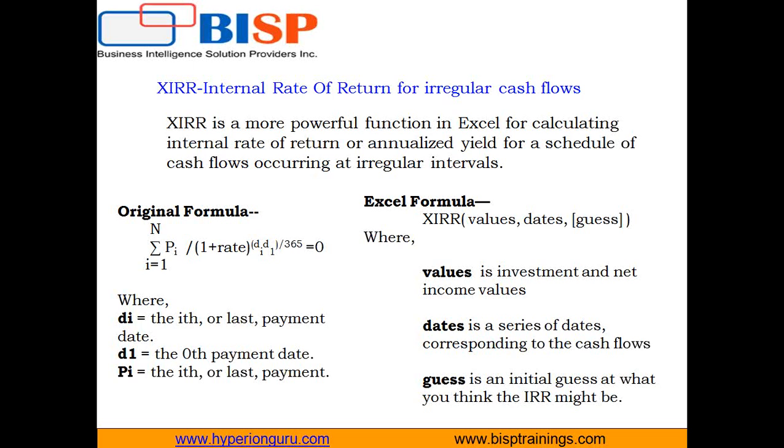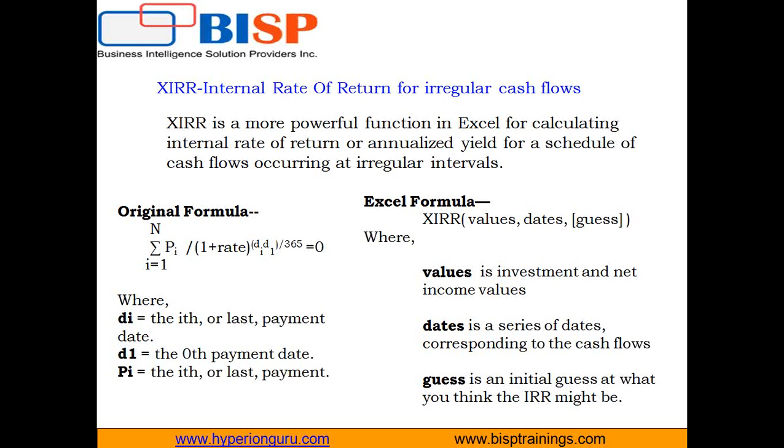IRR and XIRR are very important terms that will help you understand the returns on your investments in more detail. IRR is used to calculate the returns given some amount at a fixed interval. The only difference between XIRR and IRR is that IRR considers periods of equal durations, that is year 1, year 2, year 3, and XIRR allows periods with different durations.